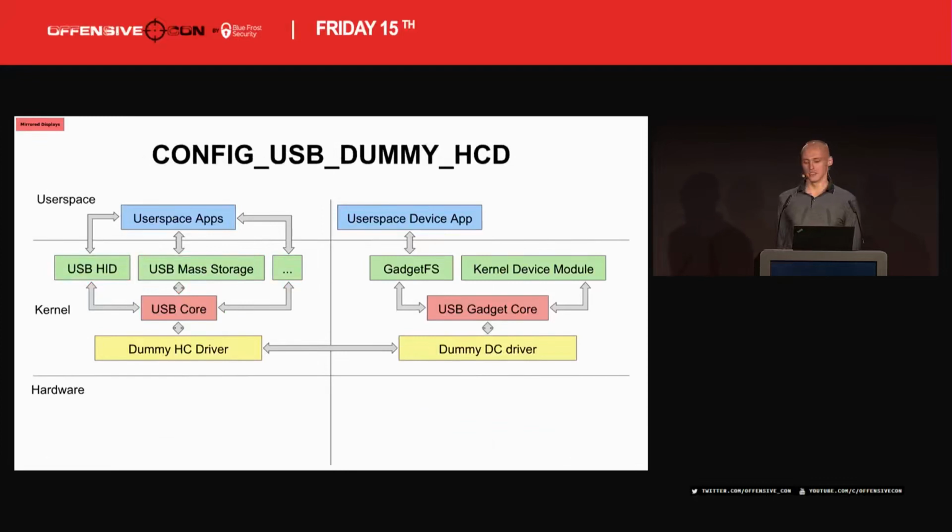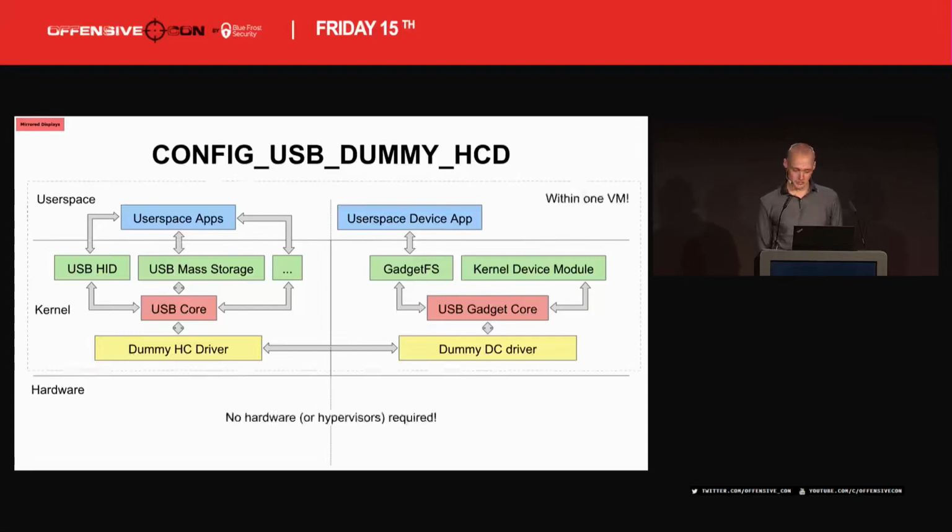And actually, there is a magical config that took me some time to figure out what it is and to find out how it works. It's just a config that implements two virtual drivers, one for the host controller and one for the device controller, and just connects them within the kernel.